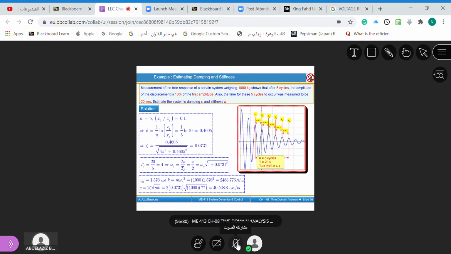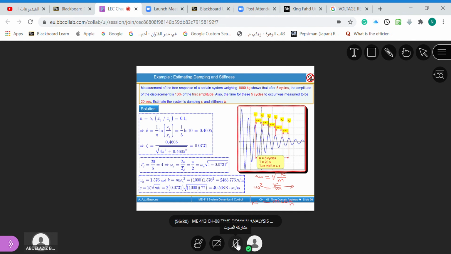So once you know omega n, since we have a mechanical system here, we usually define our natural frequency omega n to be the square root of k over m. So m is given, and omega n we just found. We can say omega square n is equal to k over m, from where we can solve for k equal to m omega square n.